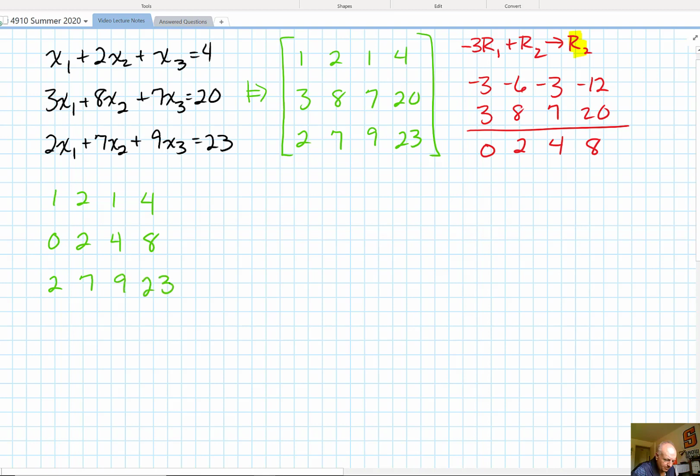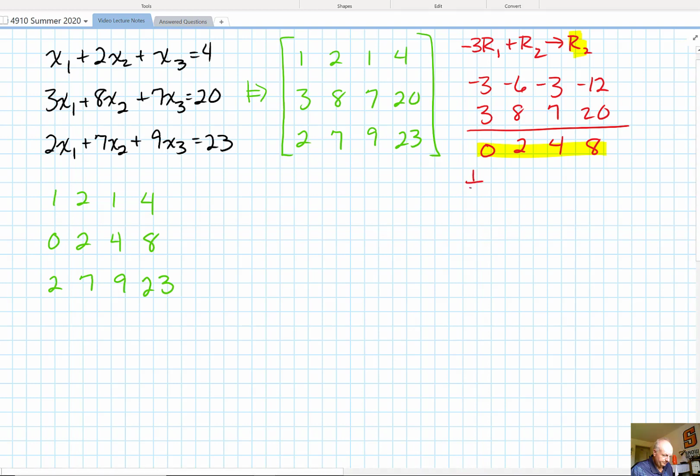I might notice that everything in this new row 2 is divisible by 2. And so it might behoove me to throw in another elementary row operation here.